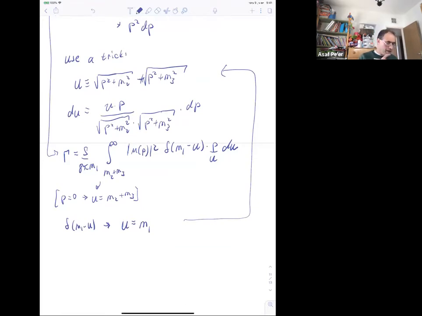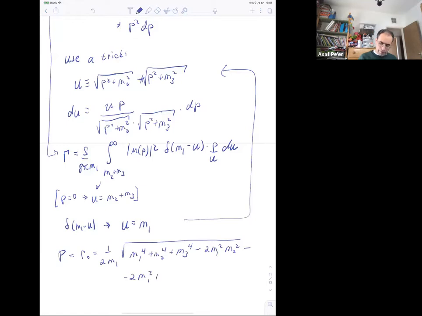And if we do that, then we find out that p, which we write as p0, is just 1 over 2m1 square root of m1 to the 4 plus m2 to the 4 plus m3 to the 4 minus 2 m1 squared m2 squared minus 2 m1 squared m3 squared minus 2 m2 squared m3 squared.